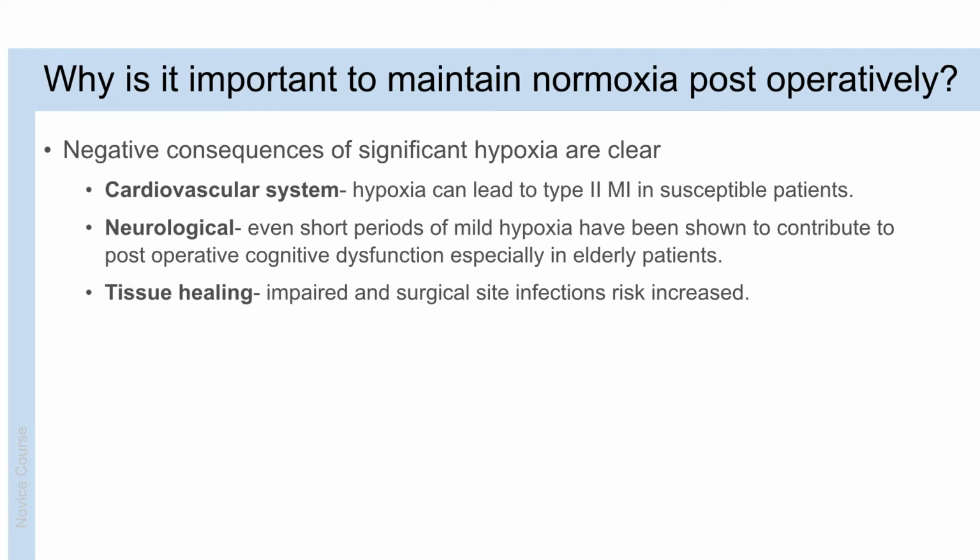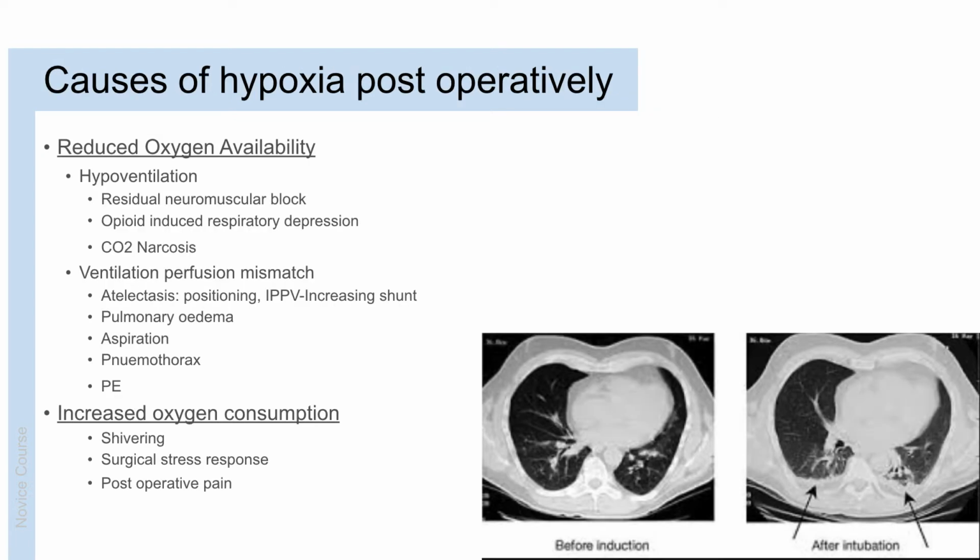And in post-operative patients, inadequate oxygenation can impair wound healing and lead to an increased risk of surgical site infections. The causes of hypoxia in the immediate post-operative period can be divided into factors which cause a reduced oxygen delivery to the tissues and factors which cause an increased oxygen consumption.